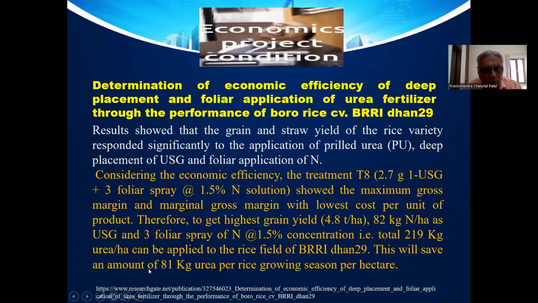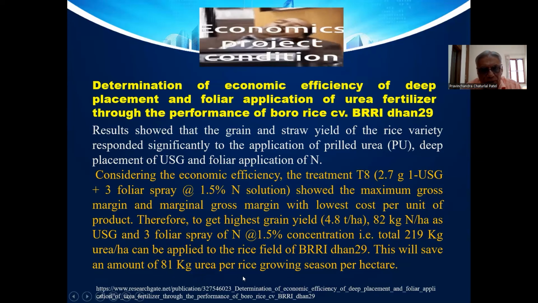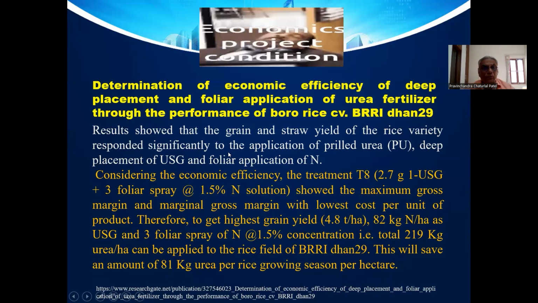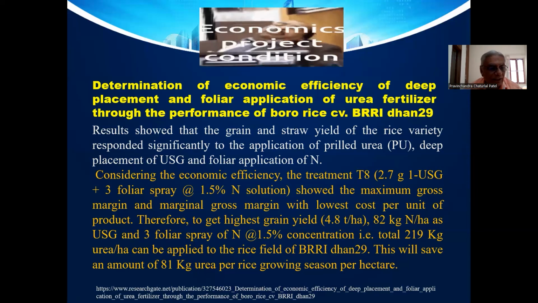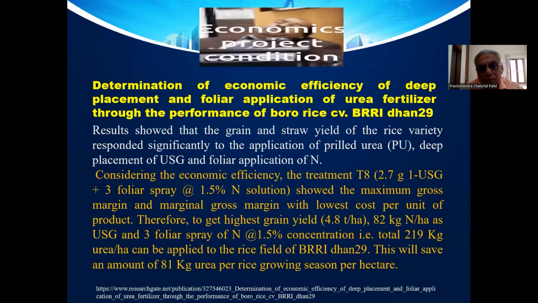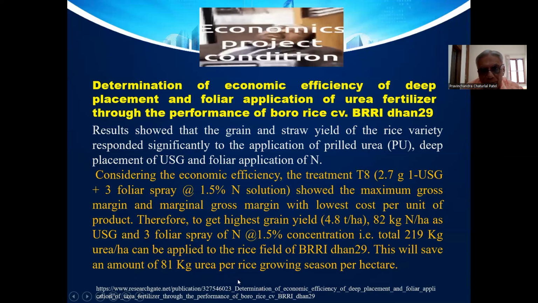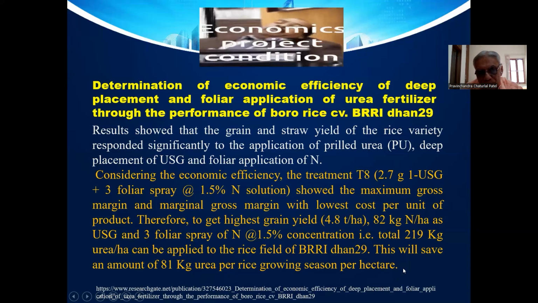This will save 81 kg urea per rice growing season per hectare. So when you follow this technique, you can save 81 kg urea, and when you save 81 kg urea, you get more profit. It also helps in mitigation of the climate.